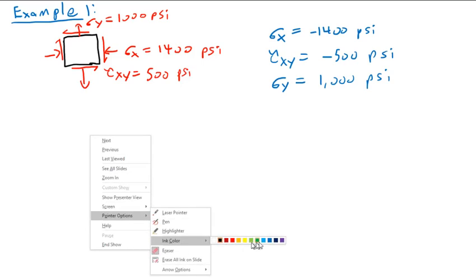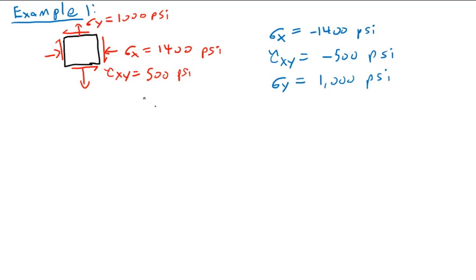So let me just pick 2 points. Maybe one horizontal and one vertical is usually pretty good. So I'm going to use this one and this one. This point is 1000, comma, negative 500 for a horizontal point. And maybe for a vertical, this one will be negative 1400, comma, 500. Okay.